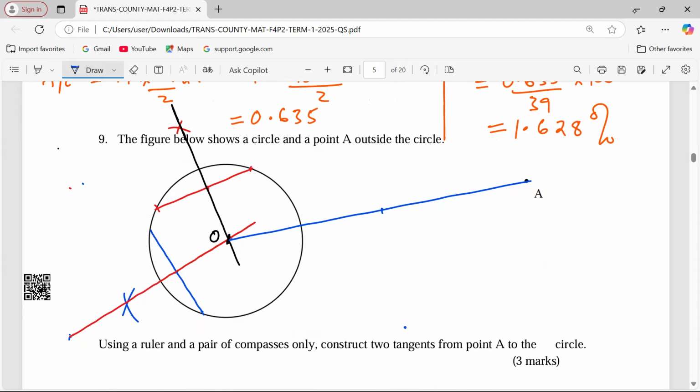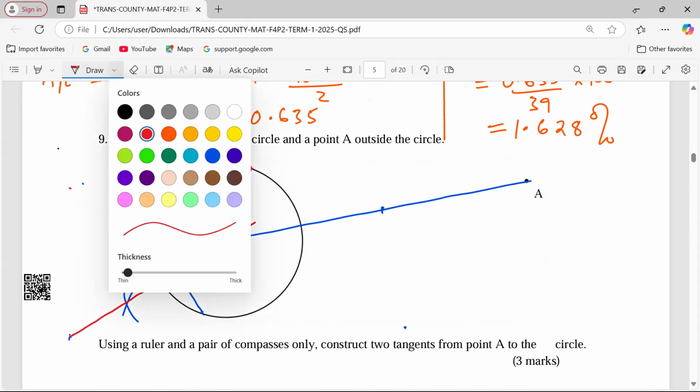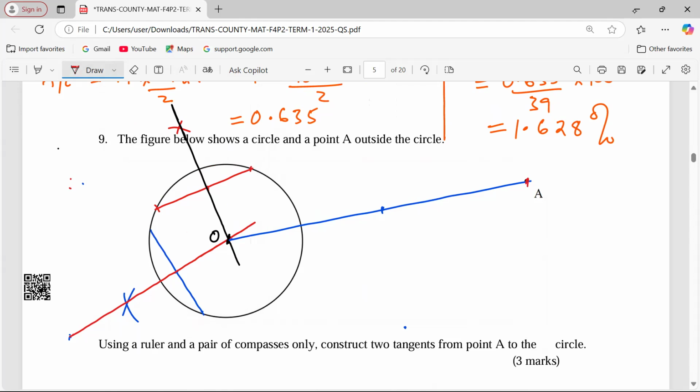So we stand at this point and we make an arc. What you will do is stand at A, you make an arc, and you make another arc. Then you come back to point O, using the same radius, you also make arcs. Then you connect these arcs. You will come up with the bisector.